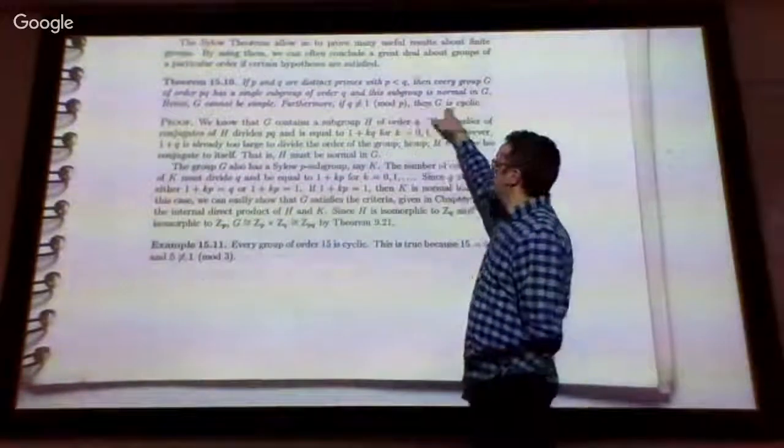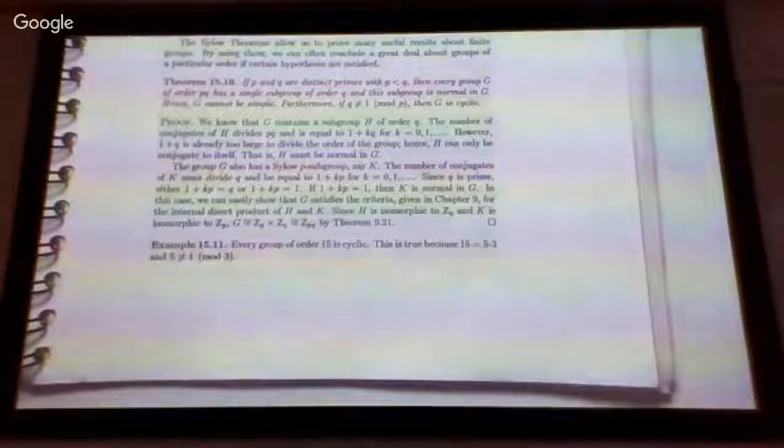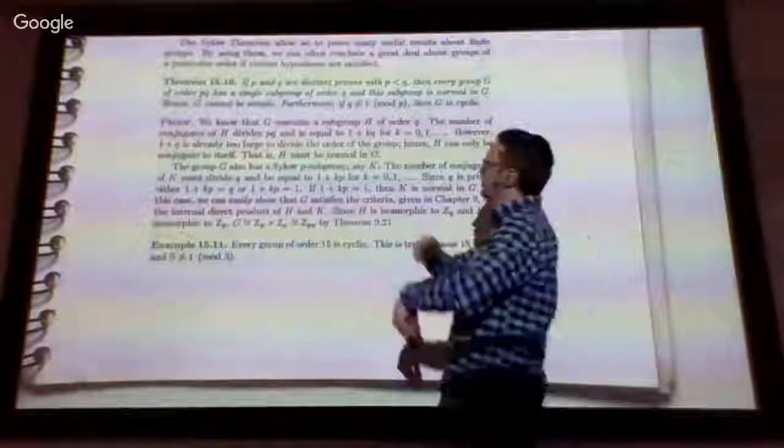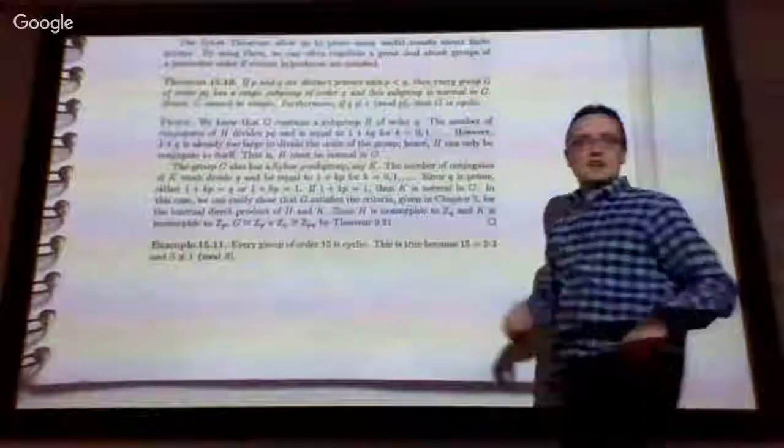And under certain conditions, we will know that there's only one isomorphism class of them, because under certain conditions, we'll find out that it's cyclic. Okay? So it gives us quite a lot of information about such groups. Now, if it's of order p times q, we'll call p the smaller prime and q the larger one. One of them's got to be smaller. Okay?